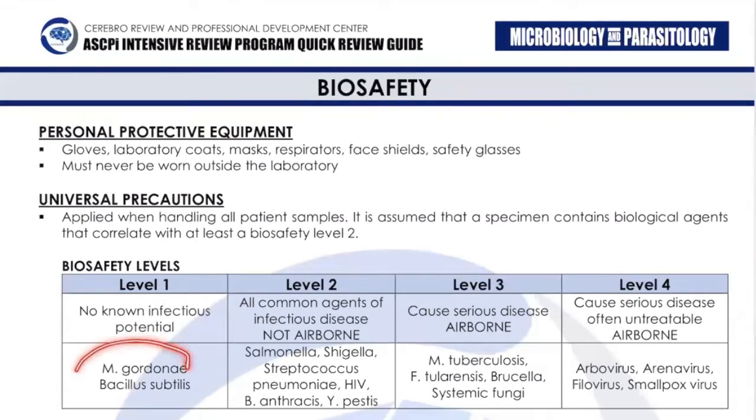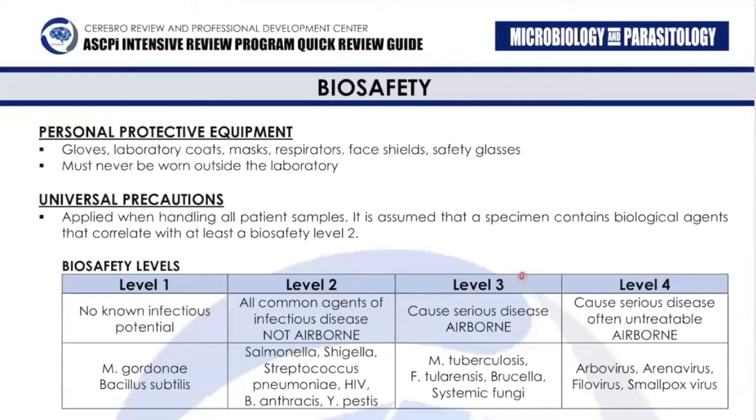Example, yung mga contaminants natin such as Mycobacterium bourdainei and Bacillus subtilis. Pag sinabi nating level 2, most human specimens are containing biosafety level 2 agents. So these are common agents of infectious disease that are not airborne. So that includes Salmonella, Shigella, Streptococcus pneumoniae, HIV, Bacillus anthracis, and Yersinia pestis.